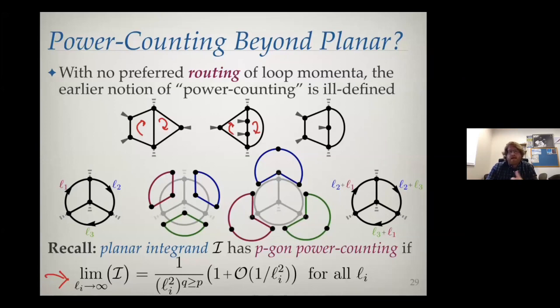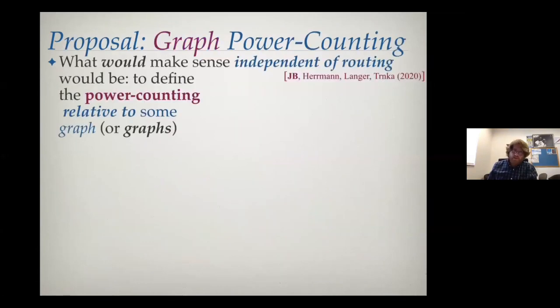There's usually many, many solutions to that criterion. So in the space of cycle bases, I do not know of any intrinsic minimum or preferred cycle basis to define power counting in this naive way. If somebody knows one, I'm very interested, but I'm kind of skeptical that it exists.